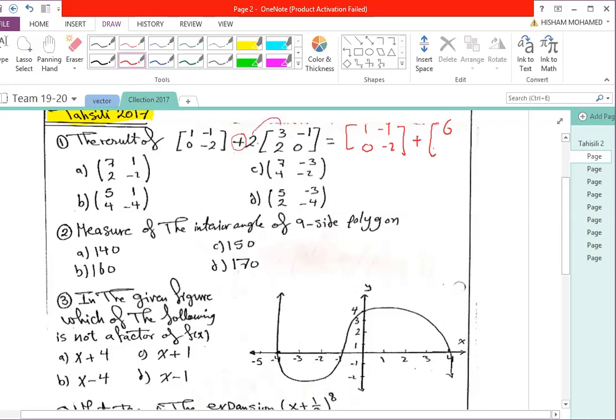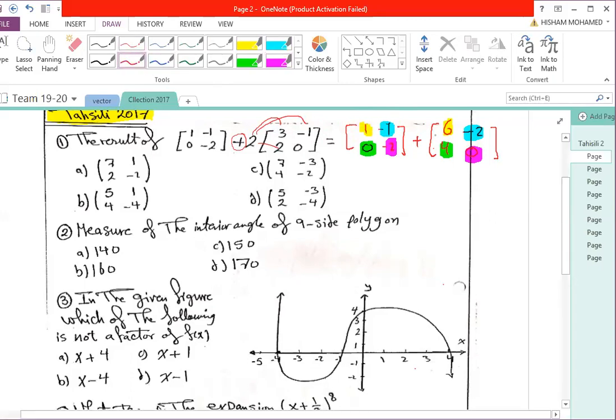2 by 3, 2 by 2 is 4, 2 multiplied by negative 1 is negative 2, and 2 multiplied by 0 is 0. When I am adding 1 and 6, negative 1 and negative 2, 0 and 4, negative 2 and 0, I'm adding each number with its corresponding value.